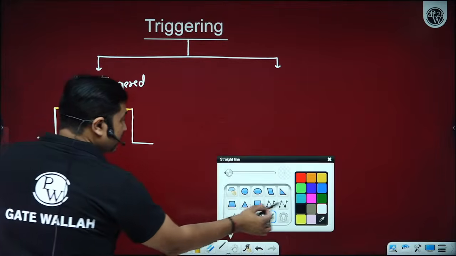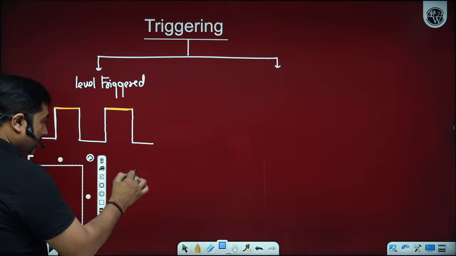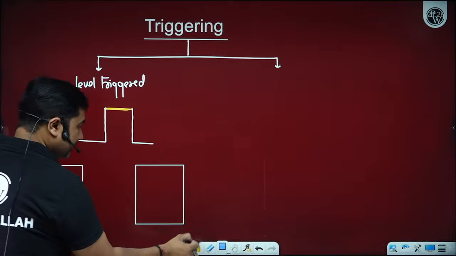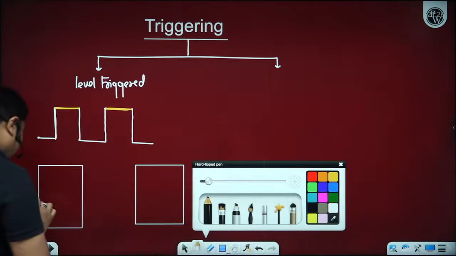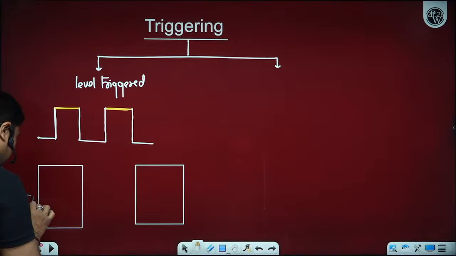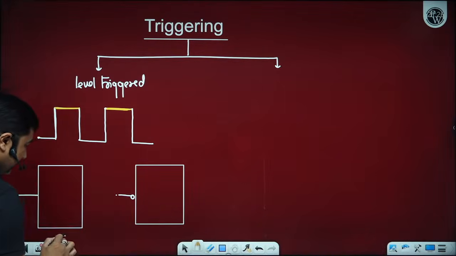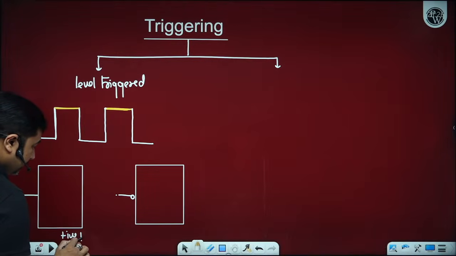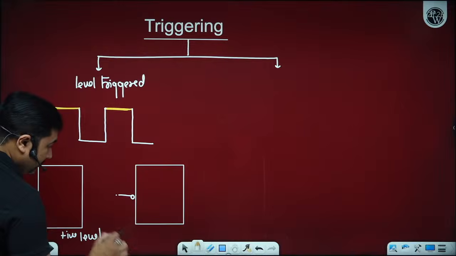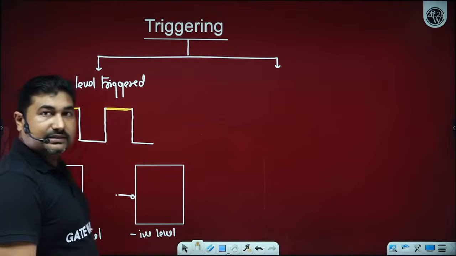Now please observe here. Here the clock is connected simply. This is your positive level, this is your negative level triggered circuit.